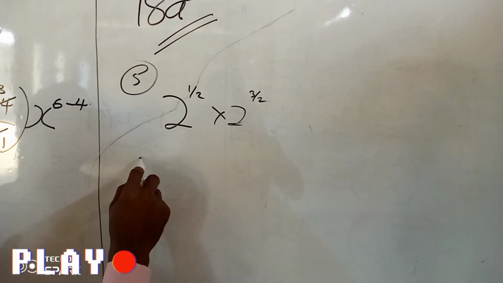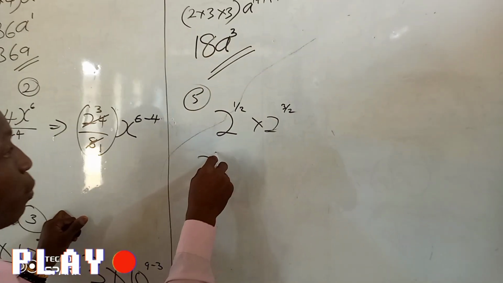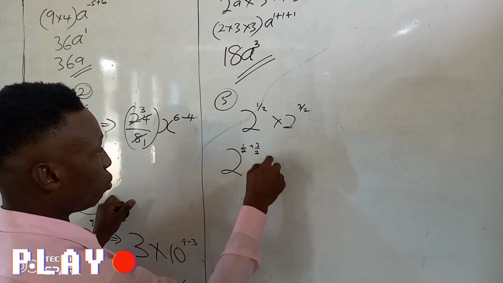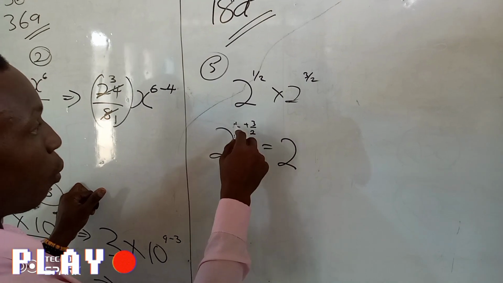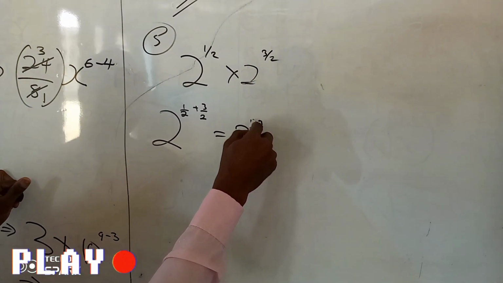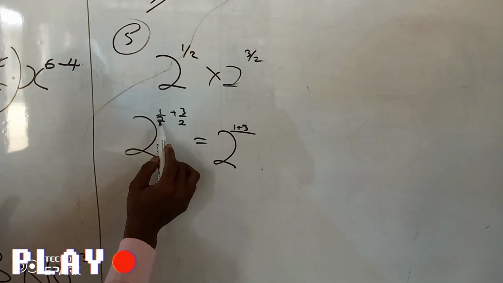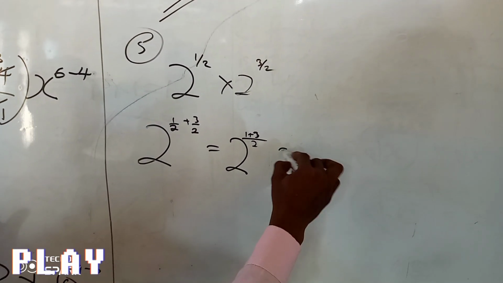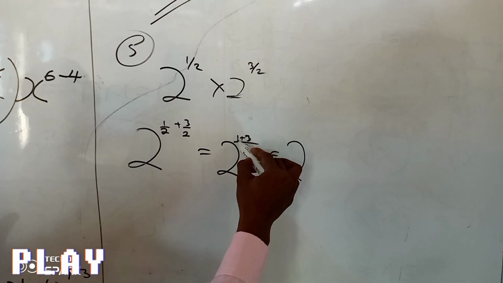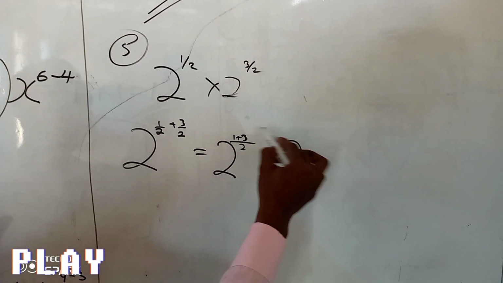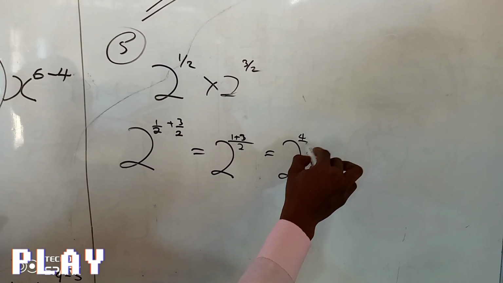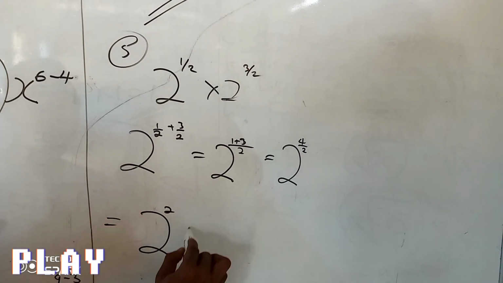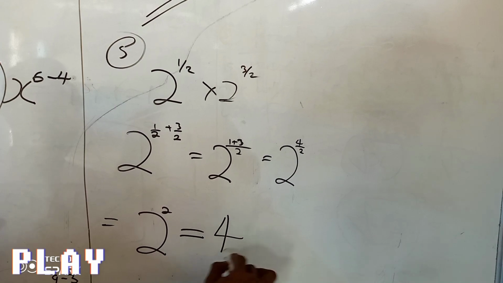What I mean is that we will have 2 to the power of 1 over 2 plus 3 over 2. Since we have the same denominator, 2 and 2, we take one of them. That will give us 2 to the power of 1 plus 3 over 2, which is 4 over 2. That should give us 2 to the power 2, which will eventually give us 4.